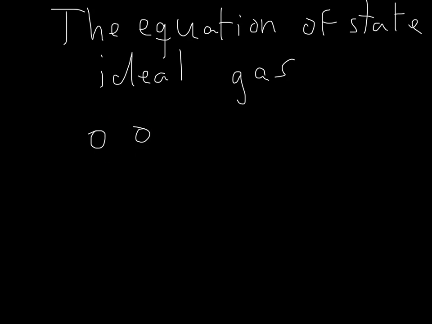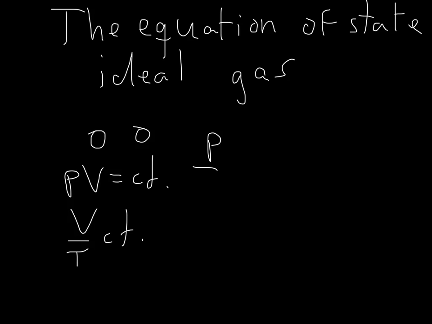Okay, so let's try to think about what we knew. We knew PV equals constant, we knew V over T equals constant, and we know that P over T equals constant. And all those things were only when the other variable was kept constant. Now, let's think about this one for a moment.